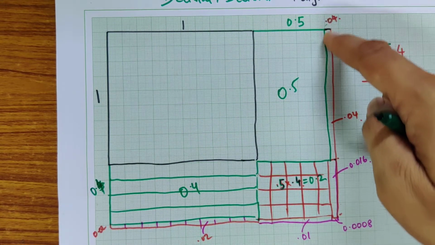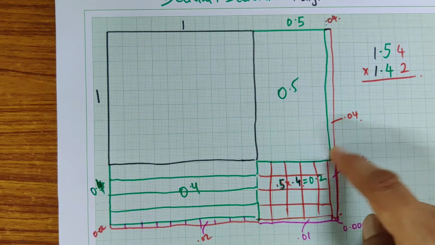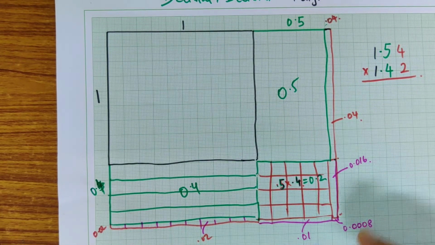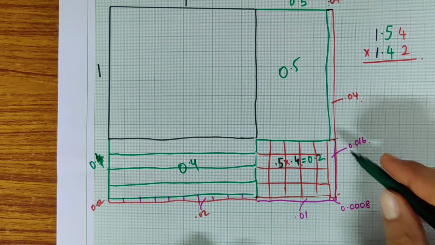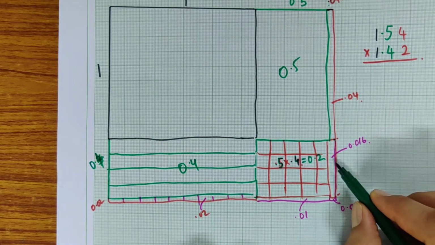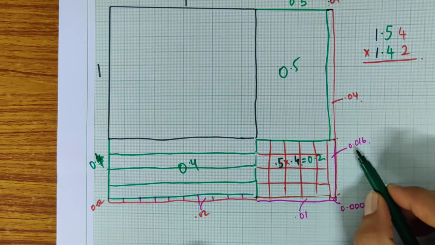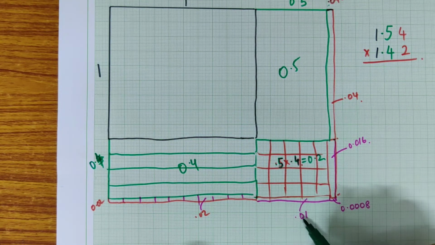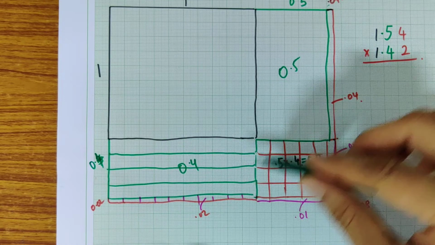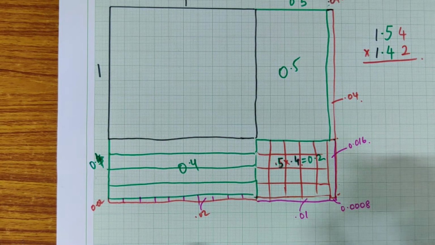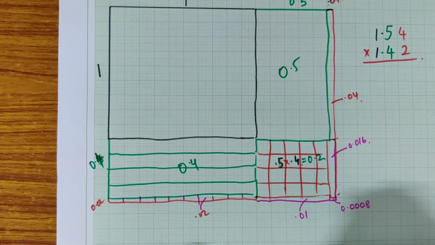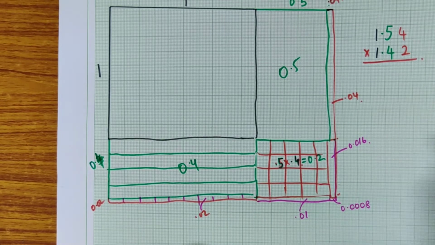This of course is a 0.02 multiplied by 1, it is still 0.02. This is a 0.04 multiplied by 1, it is still 0.04. These two now have the second decimal place. So it is your 0.04 multiplied by 0.4 will become 0.016. 0.02 multiplied by 0.5 will become 0.01, and this will be the last decimal point. So the addition of all these gives us the result.